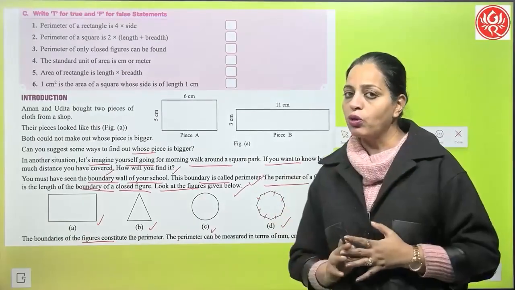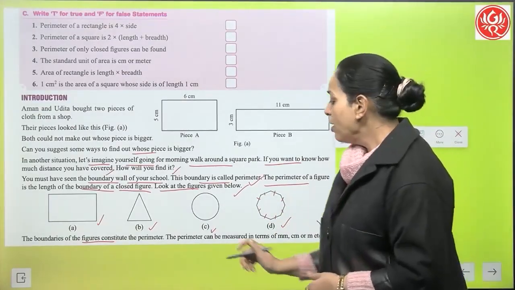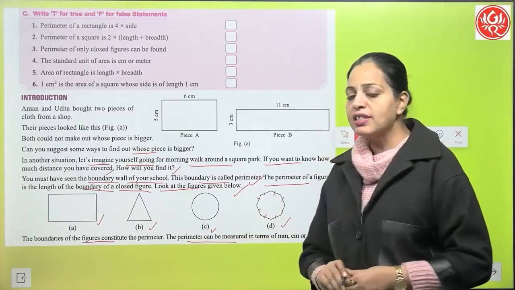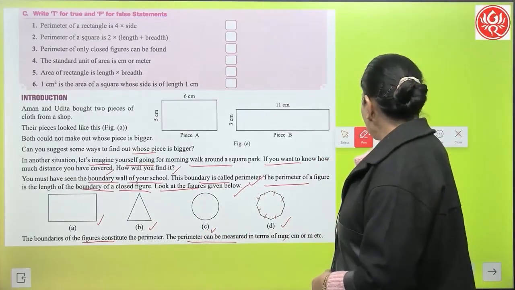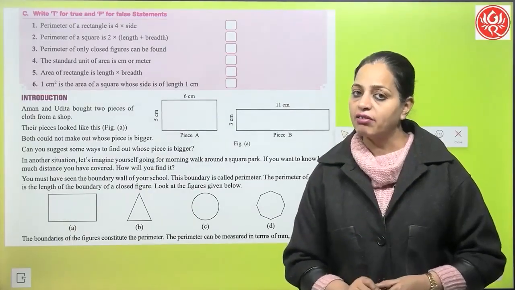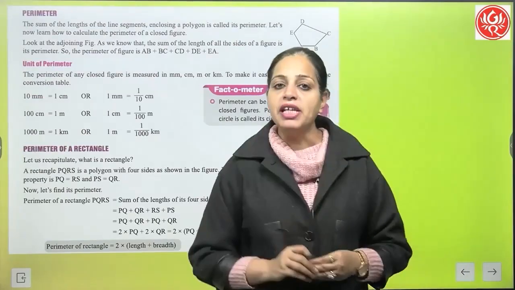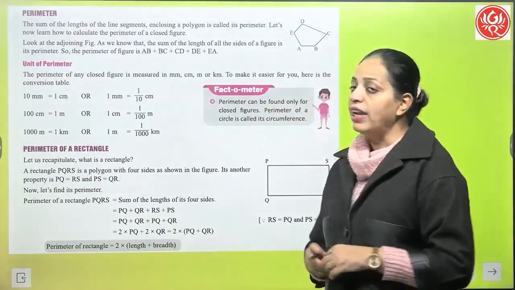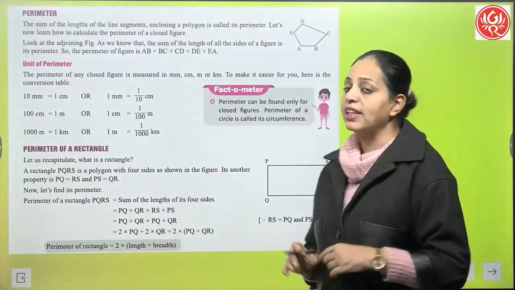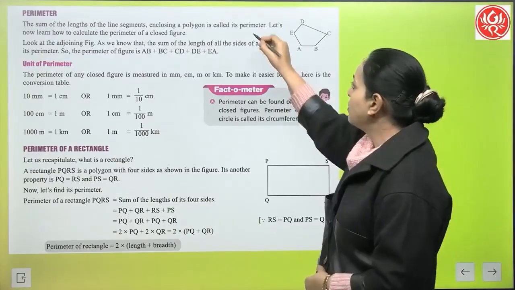Whatever the boundary of any figure is, it makes its perimeter. Okay. The perimeter can be measured in terms of millimeter, centimeter or meter, etc. Right? Now, perimeter: the sum of the lengths of the line segments enclosing a polygon is called its perimeter.